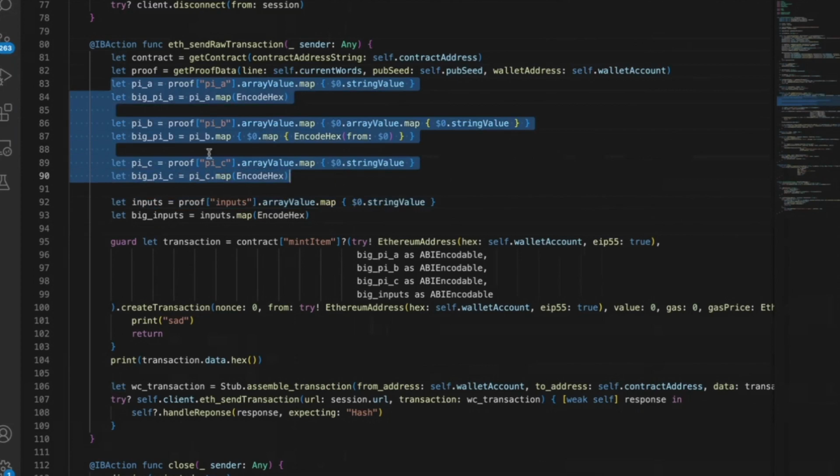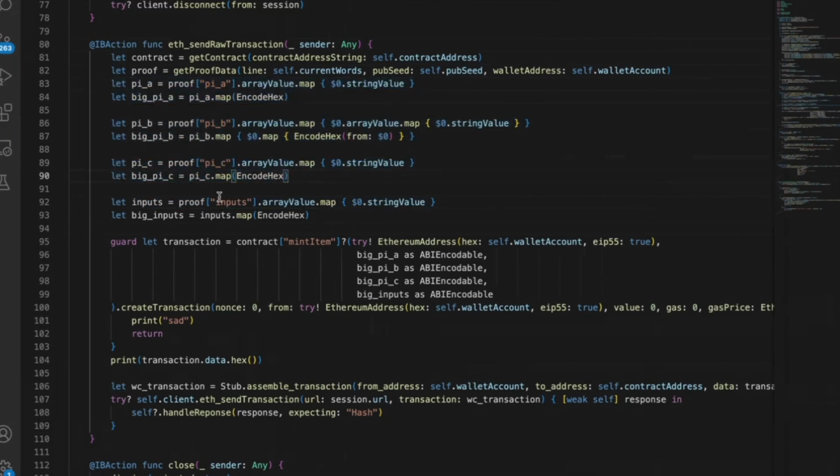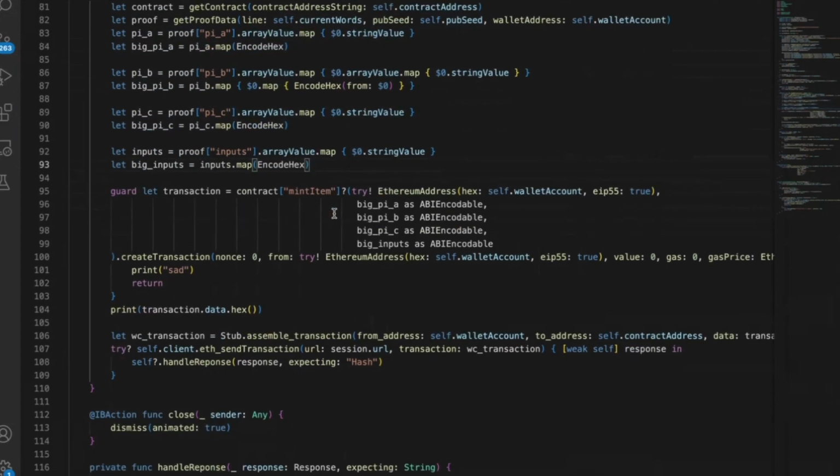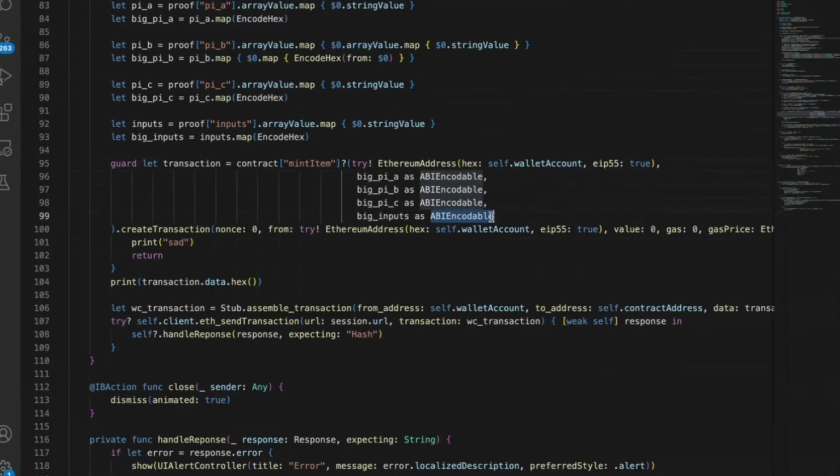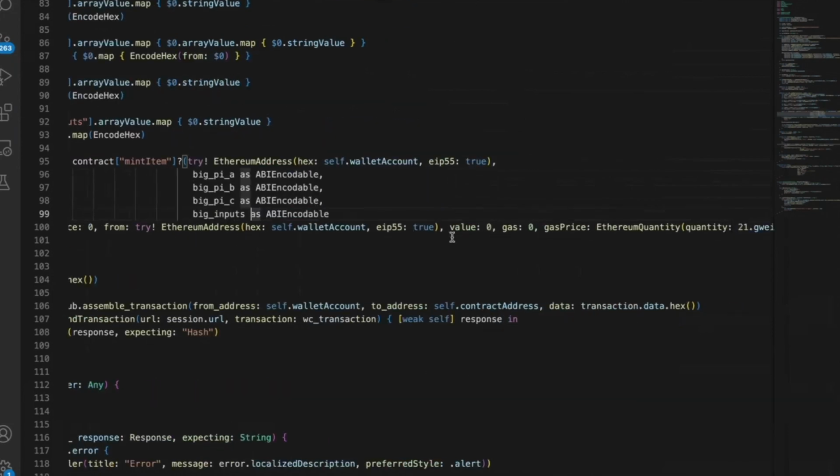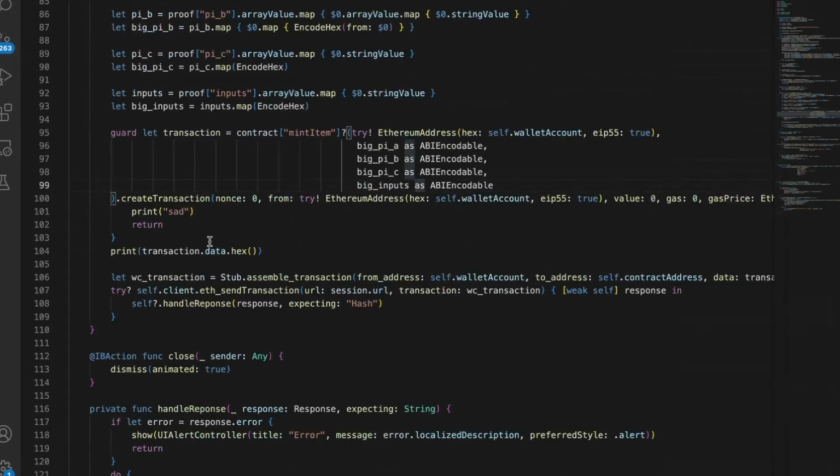In the nomenclature, it's usually pi, right? I don't know if there's a word for it, but pi represents a proof. So you got your proof, and there's your inputs, and so you're calling mint item in the contract, and providing just these four inputs, creating a transaction. Yeah, so pretty standard there.